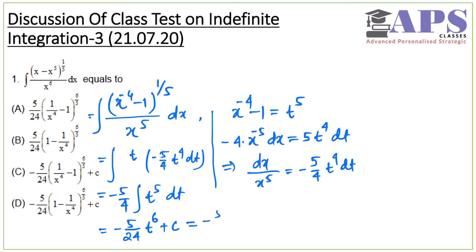So minus 5 by 24, t is 1 by x power 4 minus 1 whole to the power 1 by 5. That's our t. But I have to take to the power 6, so it will be 6 by 5. So this is equal to this plus c. This can be further simplified, but if I look at the options, I think one of the options is matching with this. Option C is matching with this. So this is the correct option here.